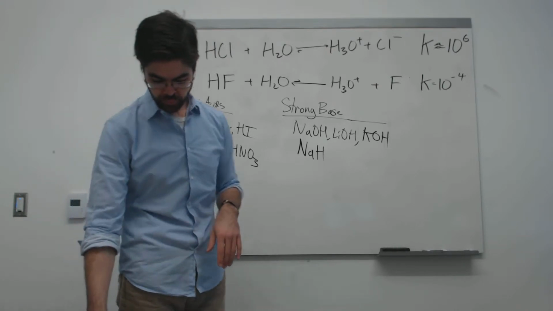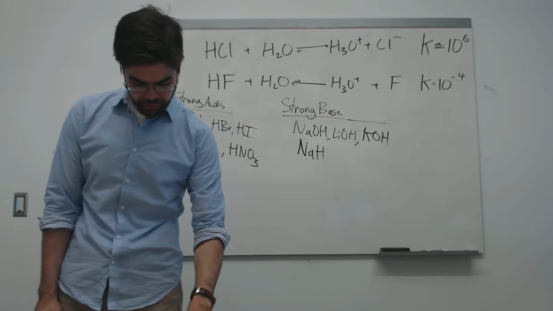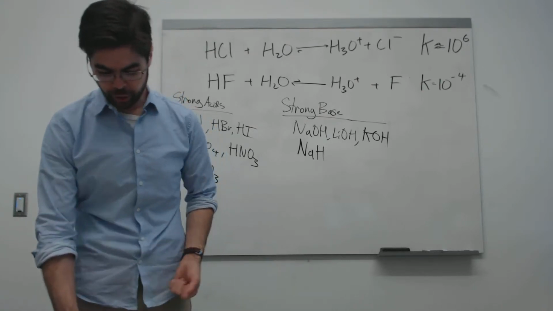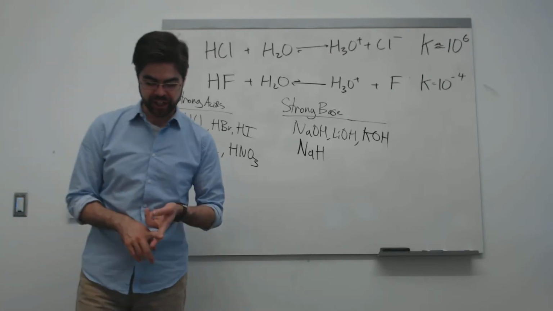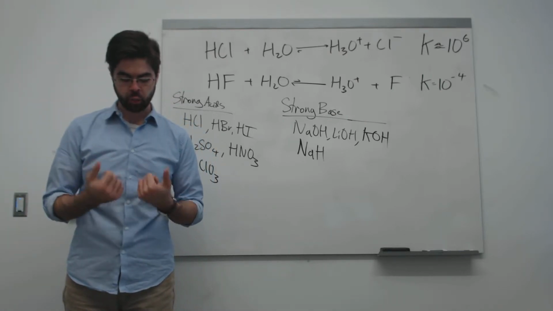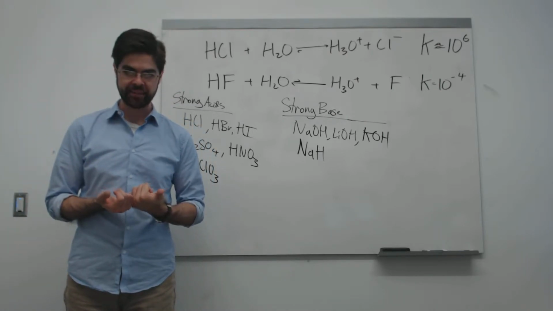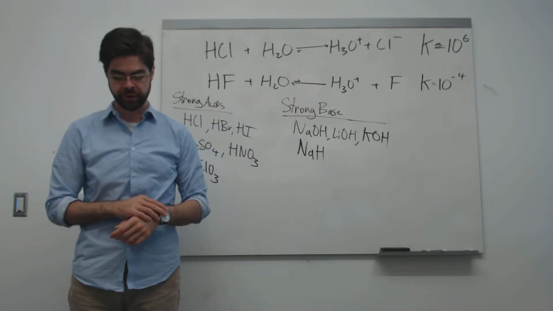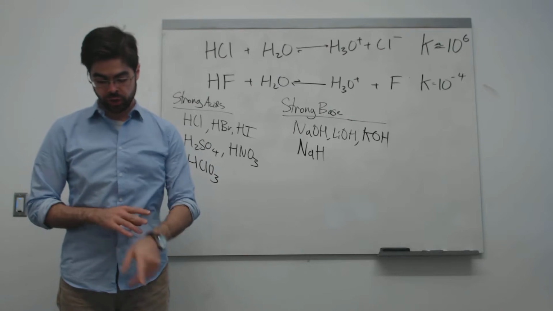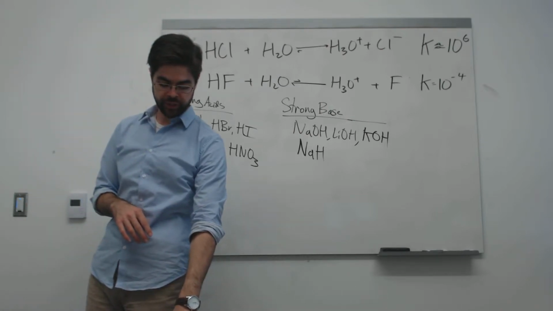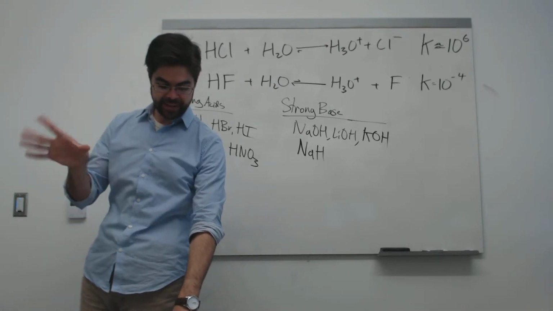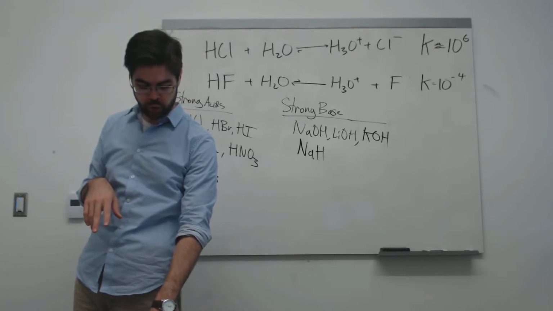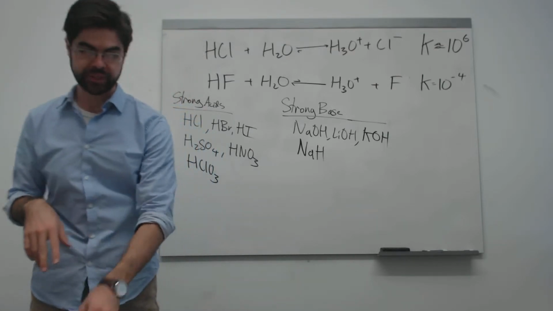Along those lines, how do you tell if a reaction goes to completion? Reactions that go to completion are ones that have very large K values, meaning products are heavily favored. Somebody asked, if K is smaller than 1, can you assume the reaction does not go to completion?